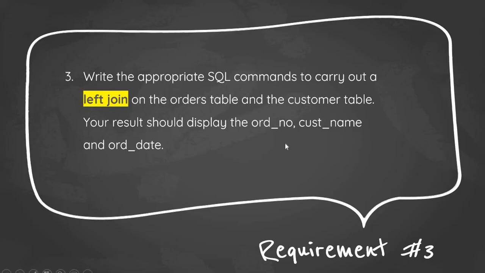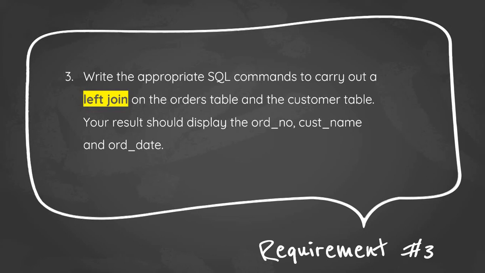Alright, so let's make a correction to the third requirement. The question should read: write the appropriate SQL commands to carry out a left join on the orders table and the customer table, and your result should display the order number, customer name, and the order date.